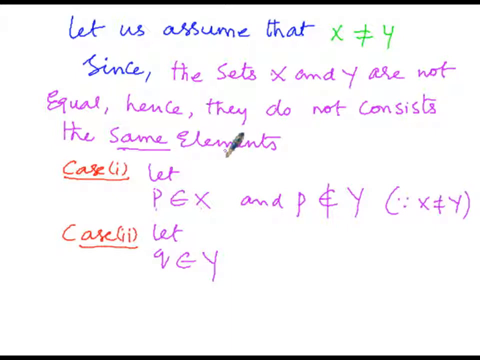In the similar manner in the second case, I assume one element Q which belongs to Y, and this element Q does not belong to X, because X and Y are not equal, so they do not contain the same elements.